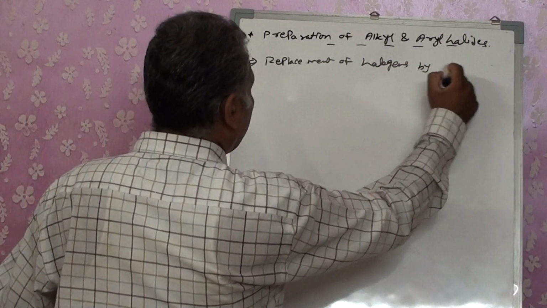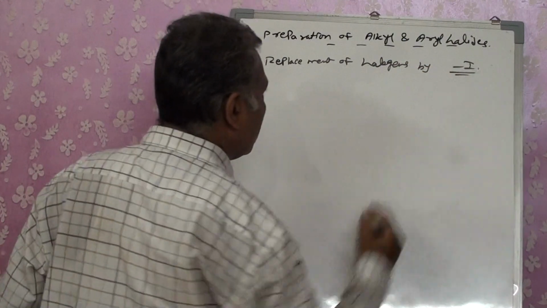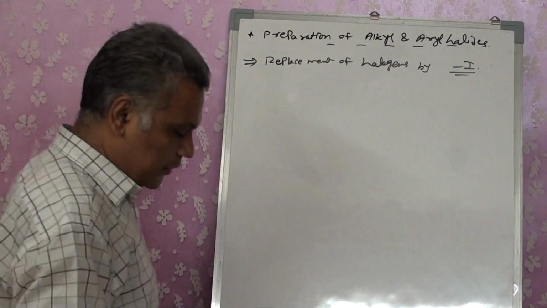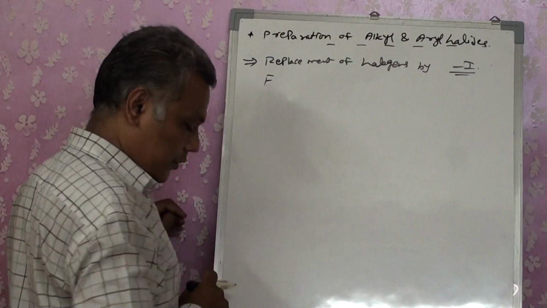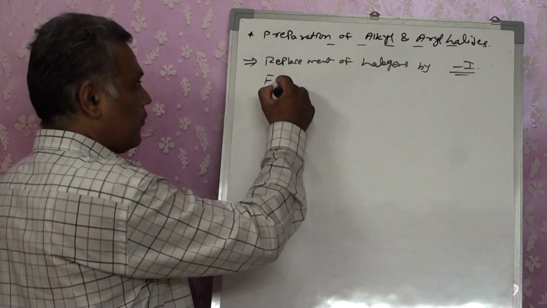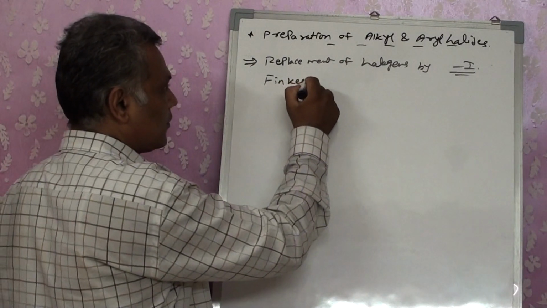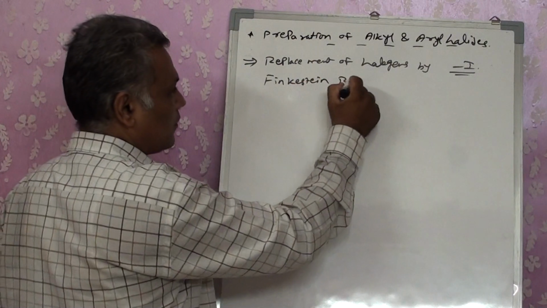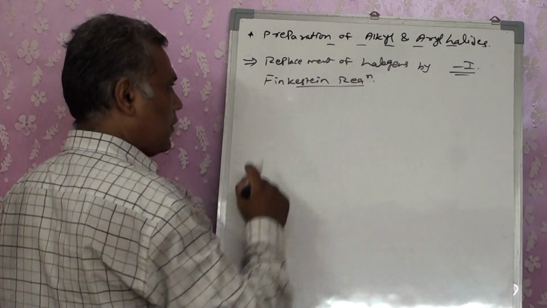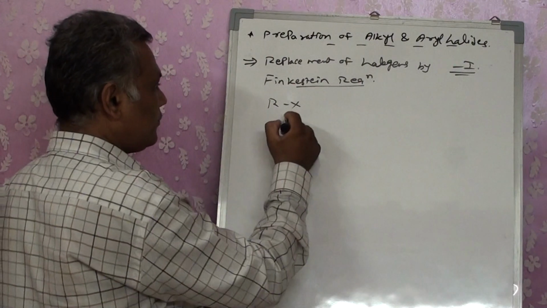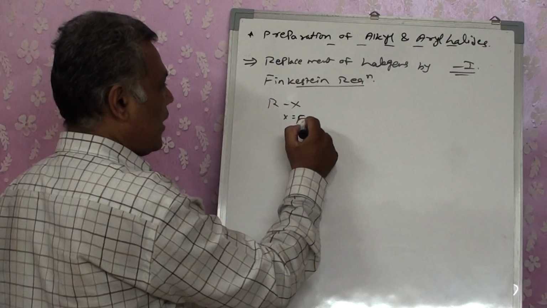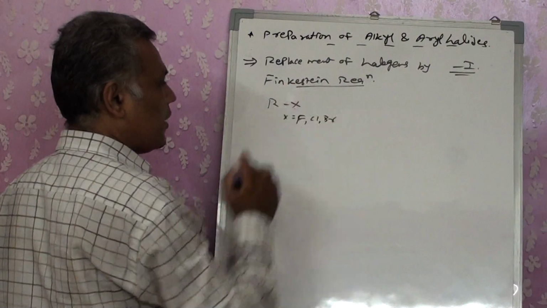halogens by iodine. I want to replace it by iodine. Over there, we go for the reaction known as Finkelstein. What is this reaction? Whatever your halide is, X can be F, Cl, Br.